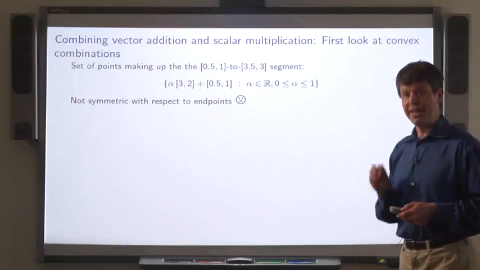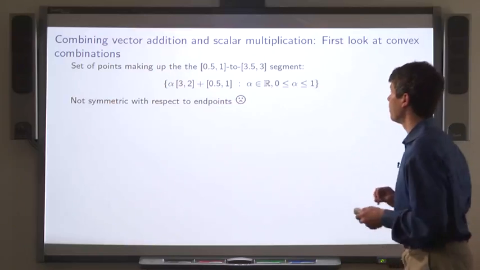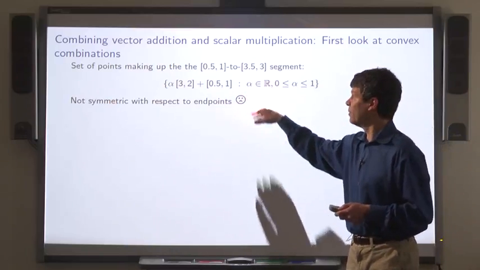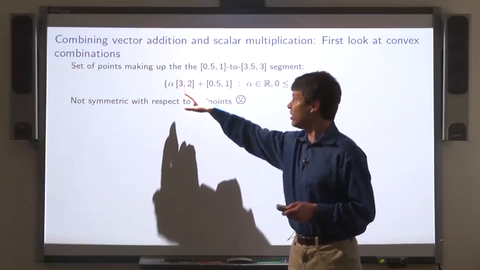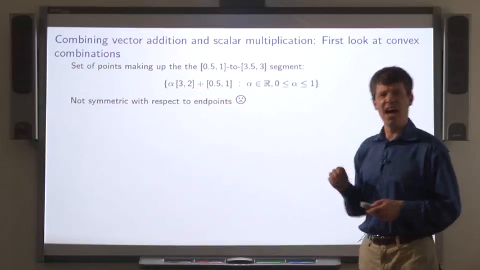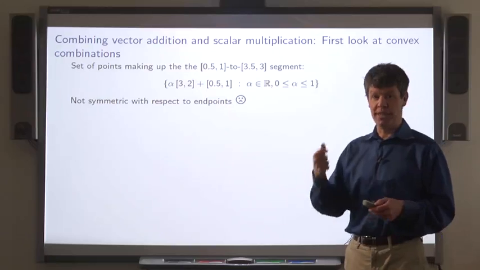We'll use that in coming up with another formulation of the line segment between 2 points. So here's our current formulation of that line segment. We take the set of points making the line segment from 0 to [3, 2], and we add [0.5, 1]. This is not a particularly nice formulation. It doesn't treat the endpoints in a symmetric way.